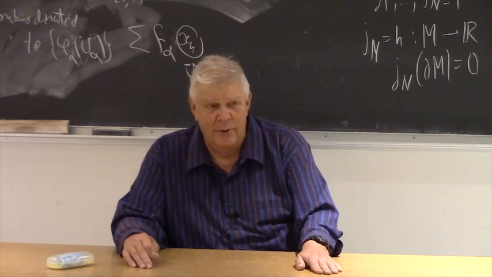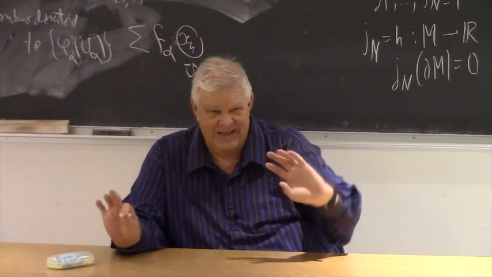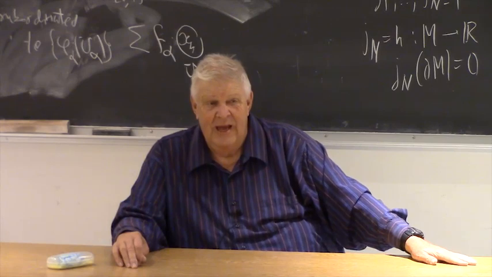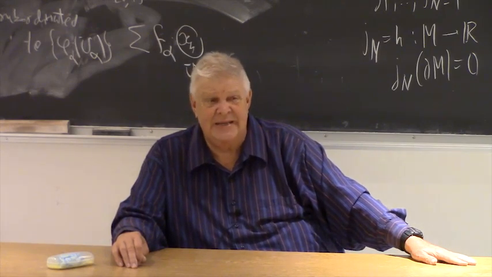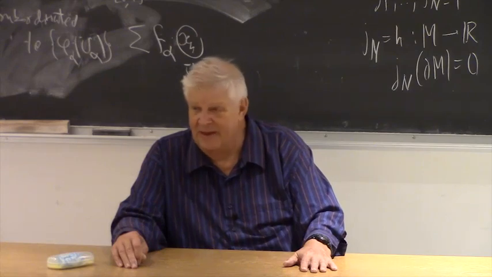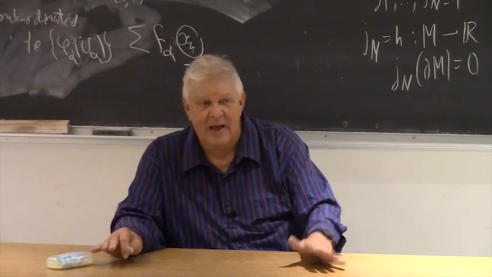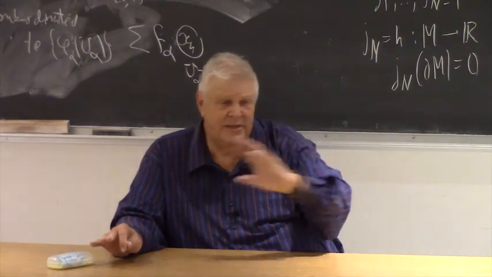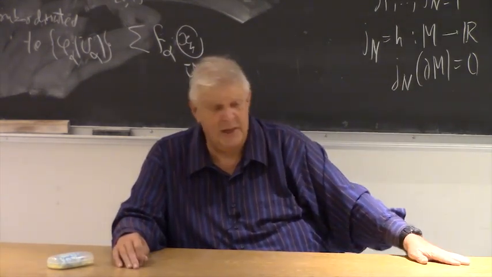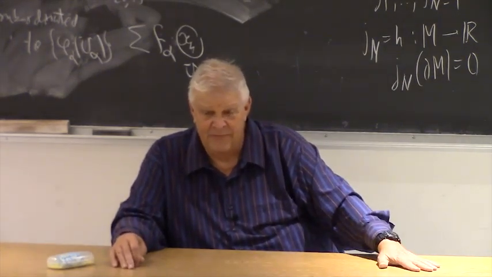Imagine that you have two manifolds with boundaries, of the same dimension, and the boundaries are the same, or at least they are related by a diffeomorphism. Both boundaries are manifolds of dimension n minus 1, and they are diffeomorphic, and a diffeomorphism is given.